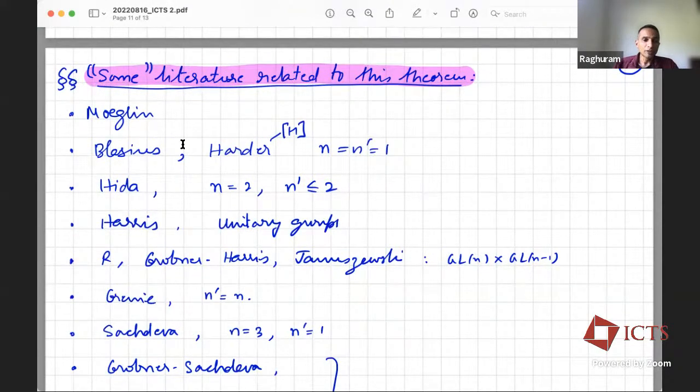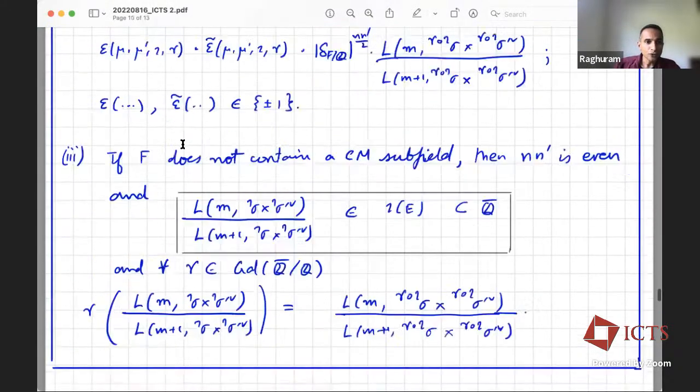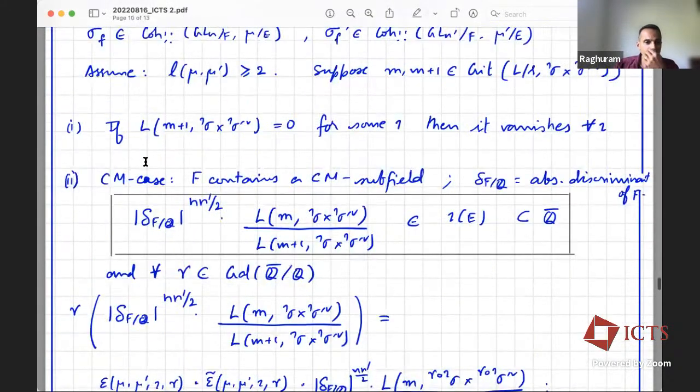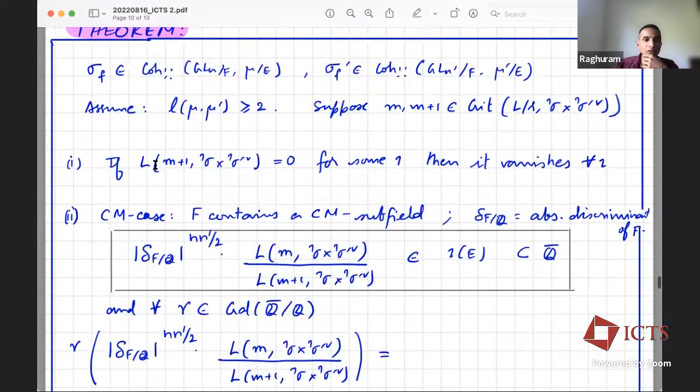There's a paper of Mogla. I have to tell you this, sorry for scrolling, but this statement that it's important to mention: if a critical value vanishes for one iota for Rankin-Selberg, then it vanishes for every iota. This is a result due to Mogla in this long paper in Kröller about 20 years ago. Similar objects and constructions, but the proof actually is different.